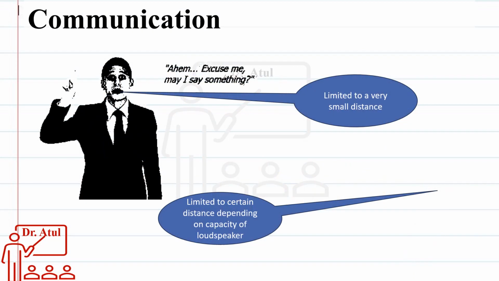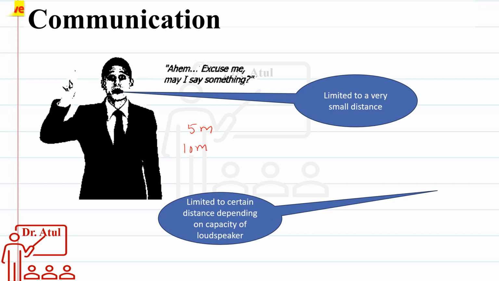The question is, what is communication? For example, if a single person is speaking, the distance of communication may be 5 meters or a maximum of 10 meters, depending on the loudness of the voice.